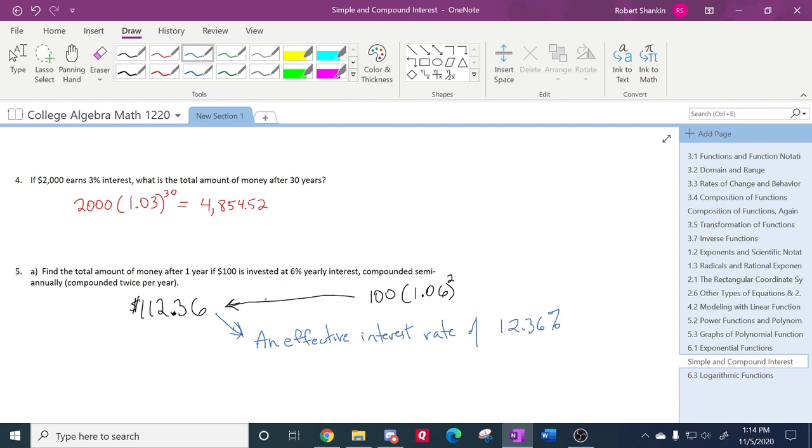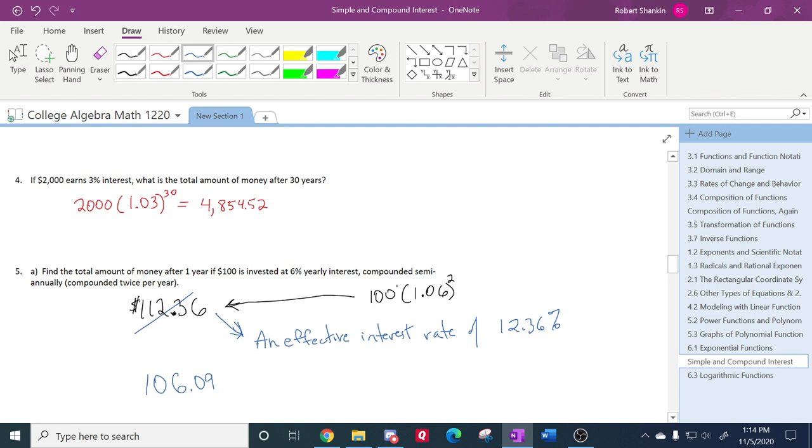Mr. Shankin, I think I know what the correct answer is. Go ahead. $106.09. The reason being is because it's 6% per year, not 6% per half year.